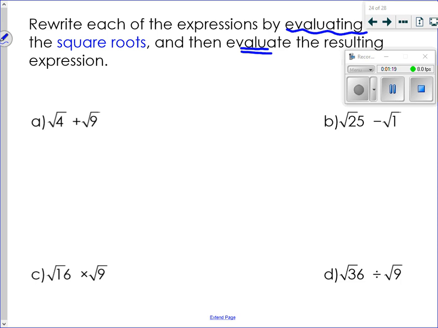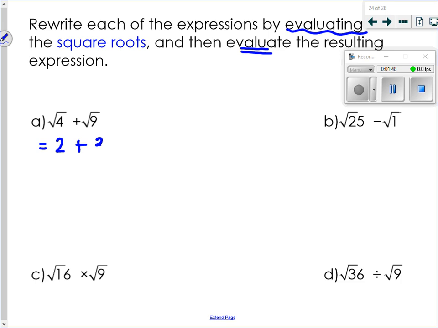Okay? So when you look at A, it says the square root of 4. Well, when we look at that, we have to ask ourselves, what are the two identical factors that would multiply together to give me an answer of 4? Hopefully you said, well, that would be 2 times 2. Okay, so the square root of 4 is 2, and the square root of 9, what two identical factors multiply together to give you 9? 3 times 3.